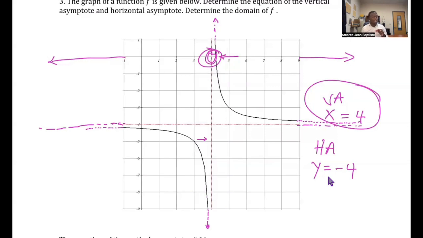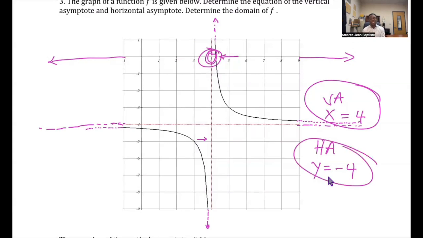Now, when the graph approaches a certain y value as x heads toward negative or positive infinity, the more you get big values, the more you see the graph approaching that y value, then y equals this value is called a horizontal asymptote.